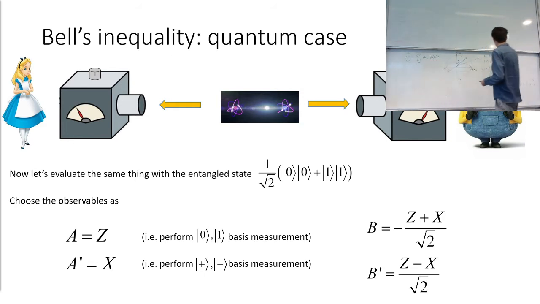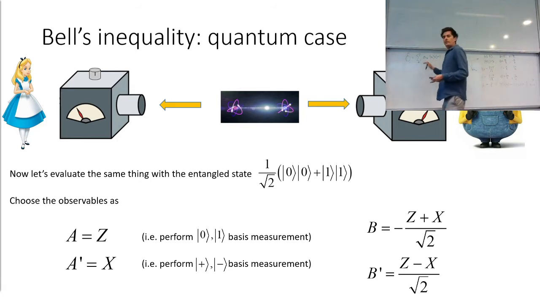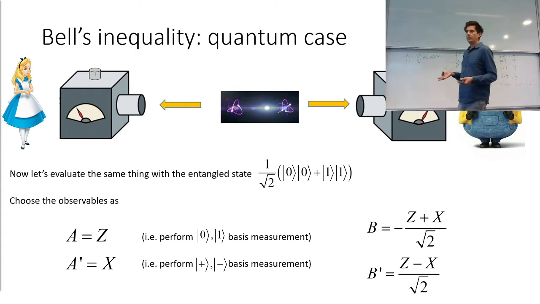So in this case, it's 0, 1, or plus minus, or this state with pi over 4, 5 pi over 4, and so forth. And then these are just some values that you assign to each outcome, because remember, any observable is really just, you make a measurement and then you probabilistically get some values, this and that.